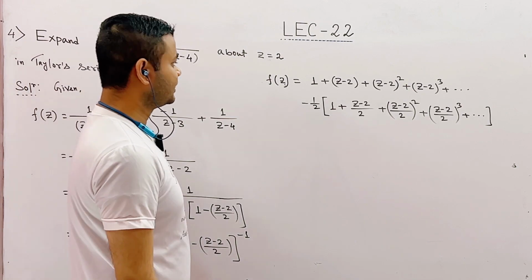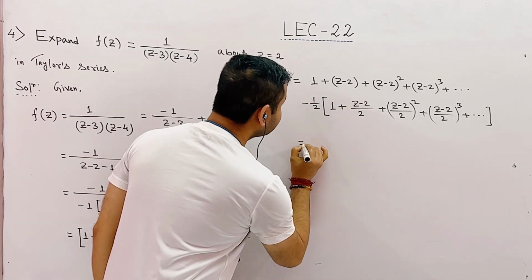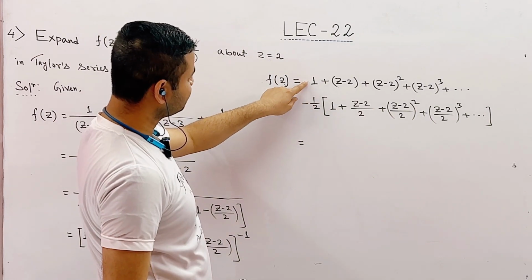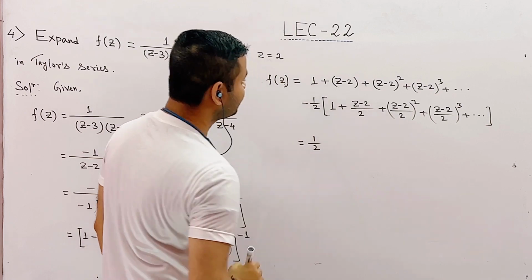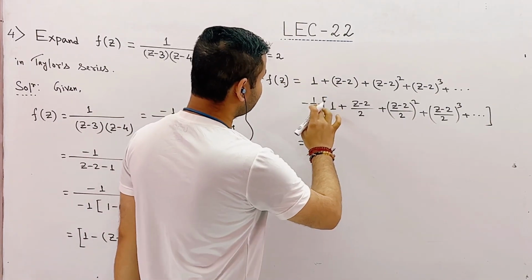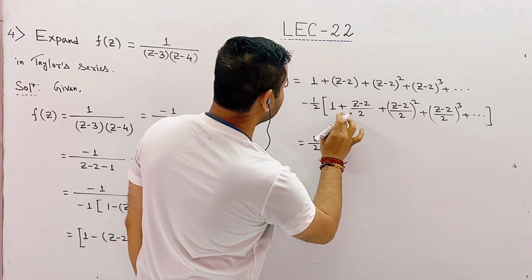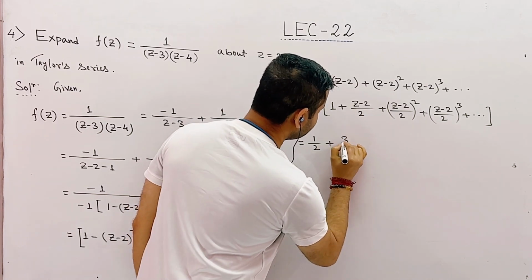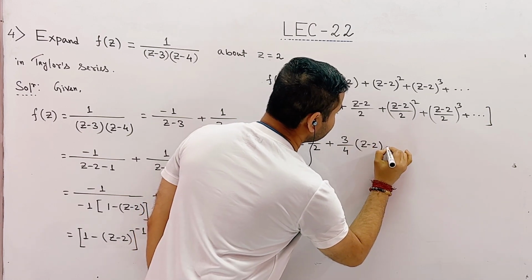Now, let us simplify this term and this term. So, finally, we will get 1 minus half, so the total value is half. Again, if we add this term and this term, we will get 1 minus 1 by 4, so 3 by 4 into (z minus 2) plus.